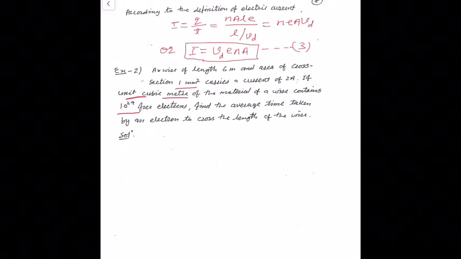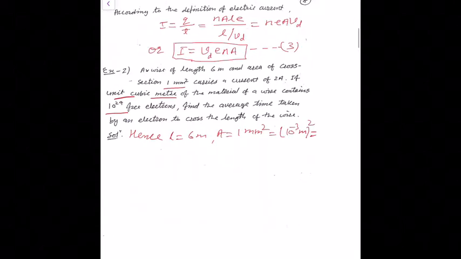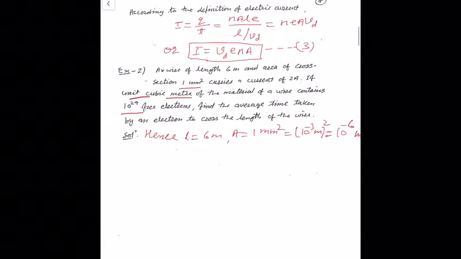Solution. Here L equal to 6 meter, A equal to 1 millimeter square, which means 10 to the power minus 6 meter square, I equal to 2 ampere, n equal to 10 to the power 29.